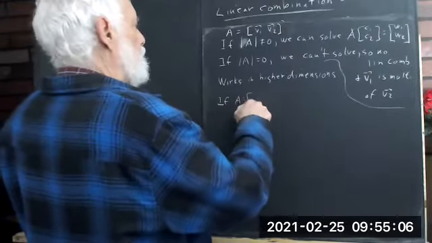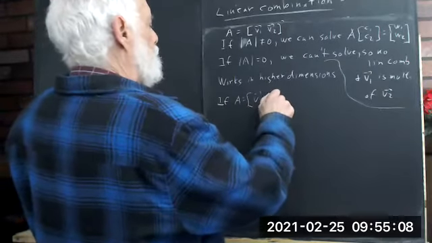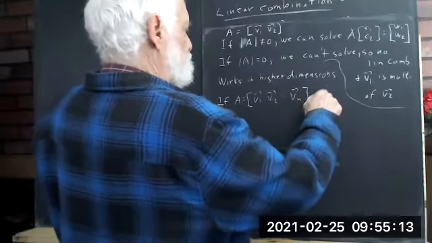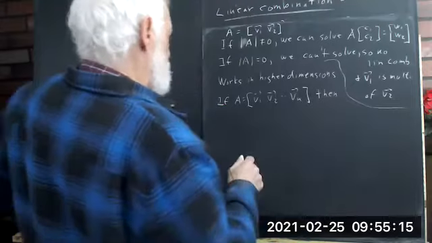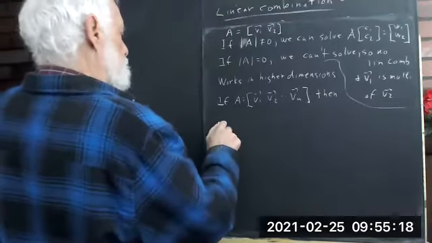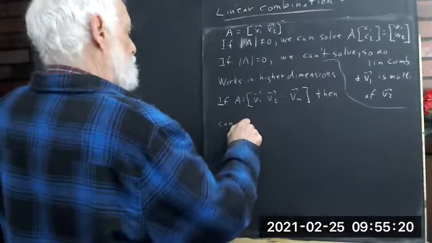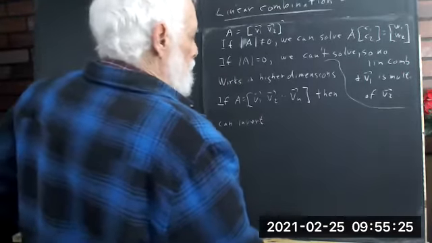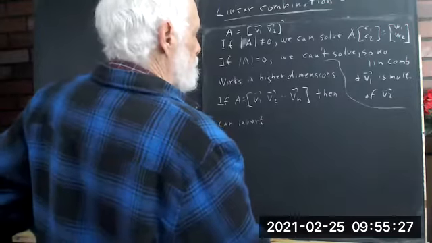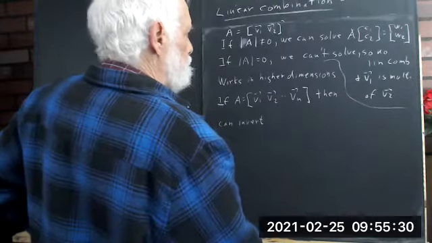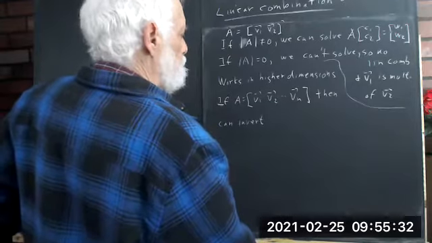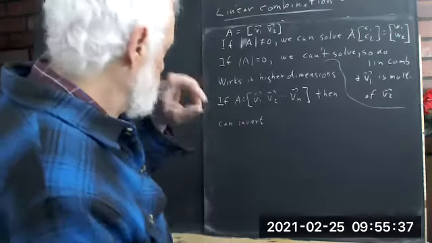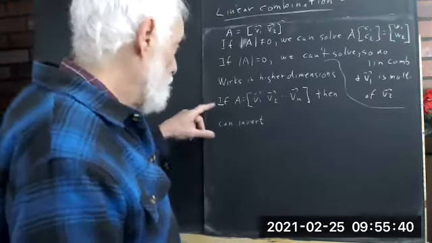If A equals V1, V2, up through Vn, and I'm about to say something that isn't true, so let me back up and think how I want to phrase this.